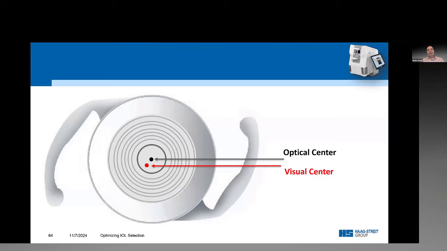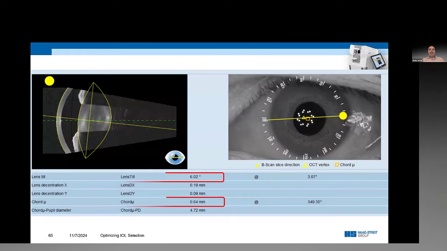So the patient is a multifocal IOL candidate in this case. When the lens tilt and the decentration don't comply with the accepted tolerance, that means the visual center will fall outside of the IOL central optical zone. This means multifocal is not an option for this patient.